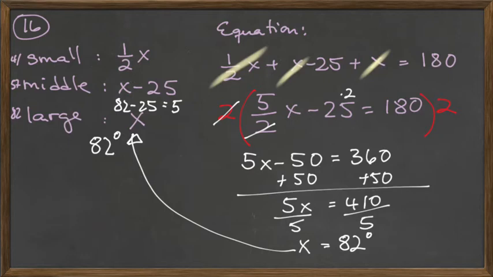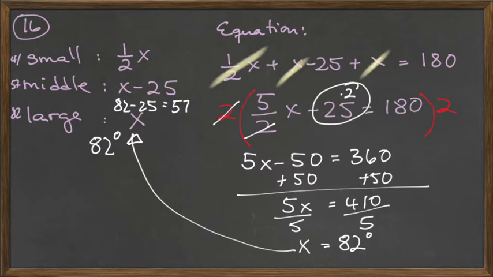No, I got you. When you multiply both sides by 2, like the 180 and the 5x minus 25, you forgot to multiply the 2 by minus 25. I got the same answer at first. You need to multiply everything by 2, so don't forget the 25. So 82 is correct.